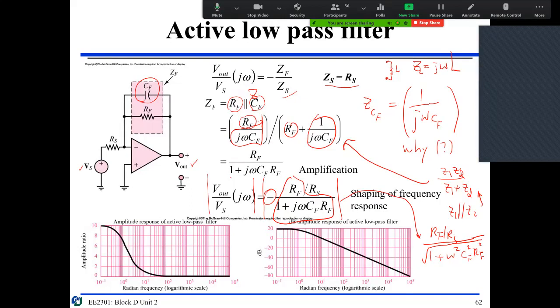This gives you this. So I'll check what's going on when omega goes from 0 to infinity. When my omega is very, very small, basically it's 0. When omega is 0, it's called DC, okay? Direct current. Listen carefully.